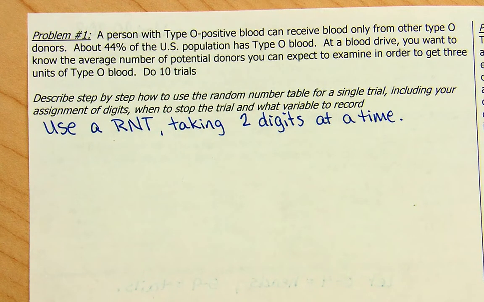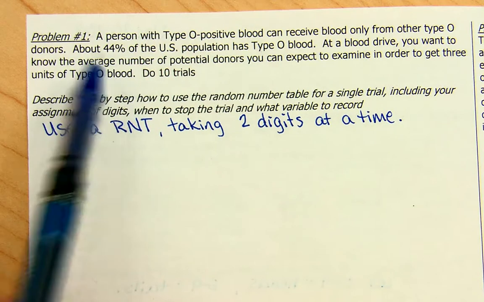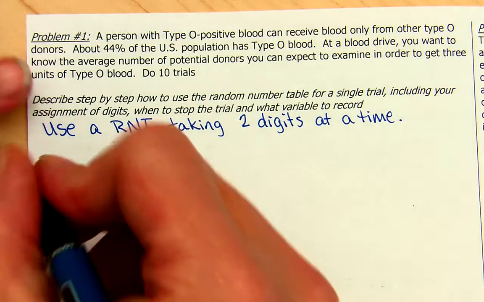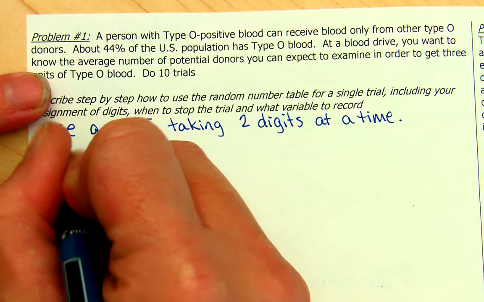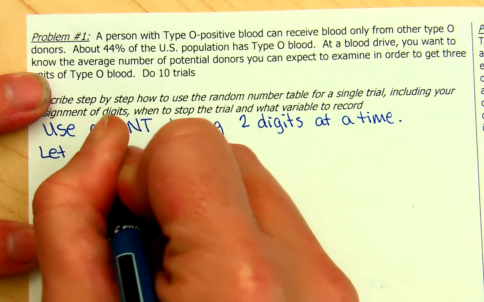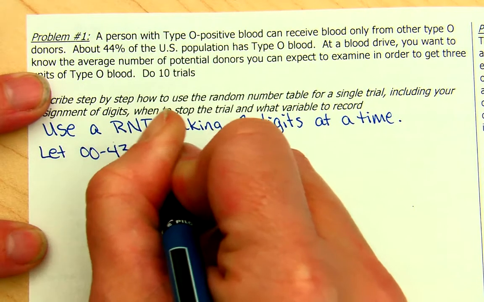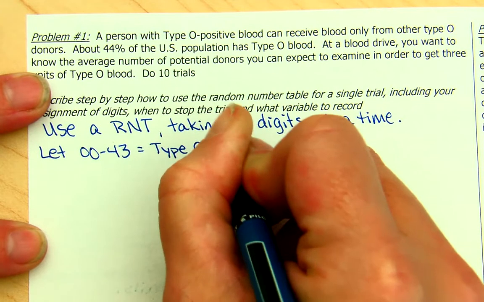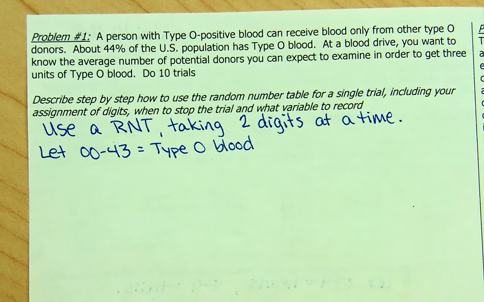Now I need to assign the 2-digit numbers to an outcome. So I need 44% to be type O blood. So which values do we want to use for that? So 00 to 43 is type O blood.